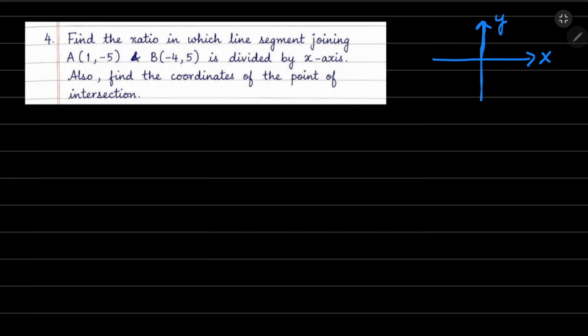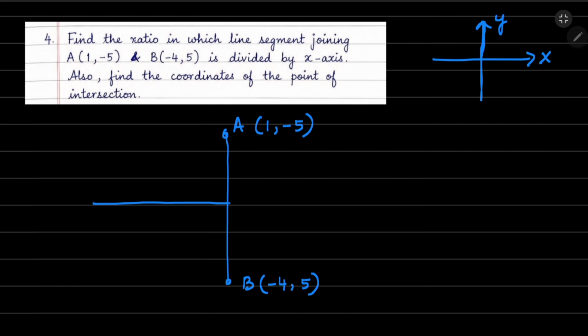Now if a line segment joining the 2 points is divided by the x-axis, let's write your point A as 1, comma minus 5. Let's draw a line. This is your point B, which is minus 4, comma 5. This line is being divided by your x-axis.